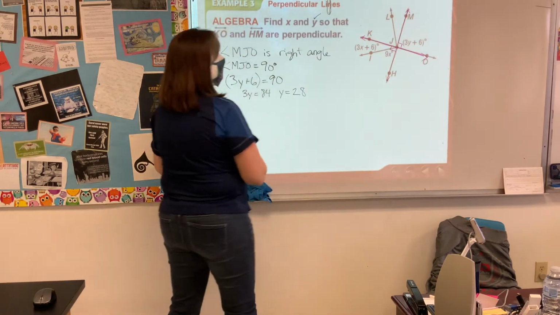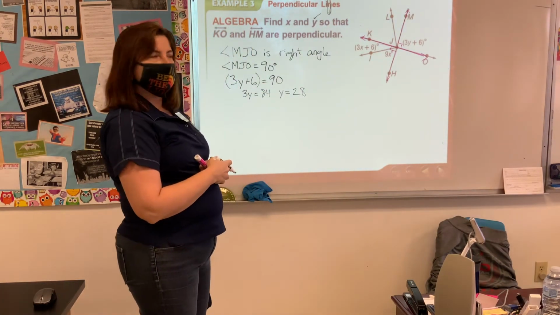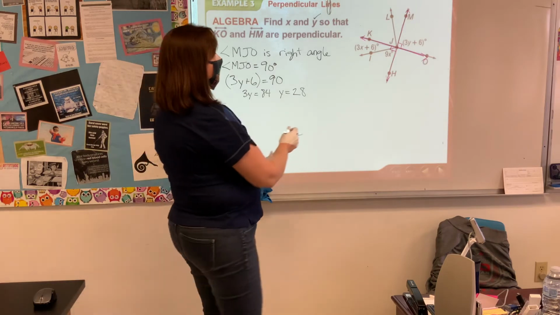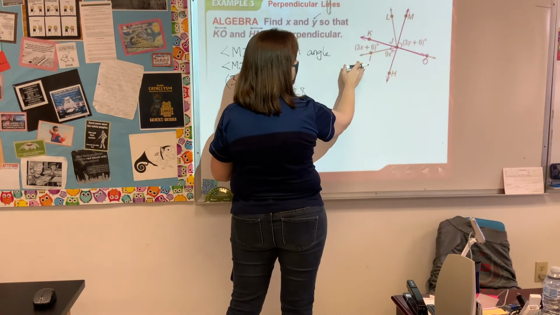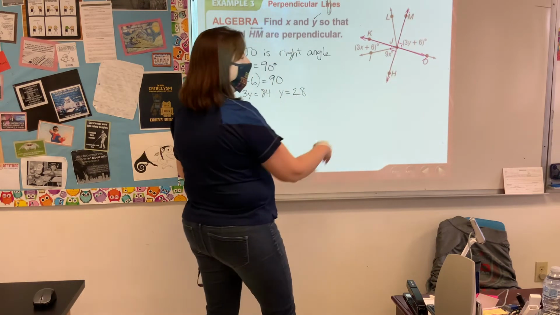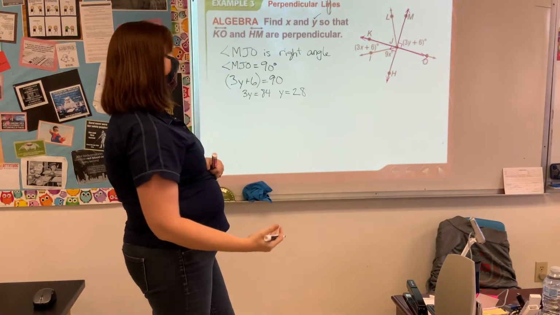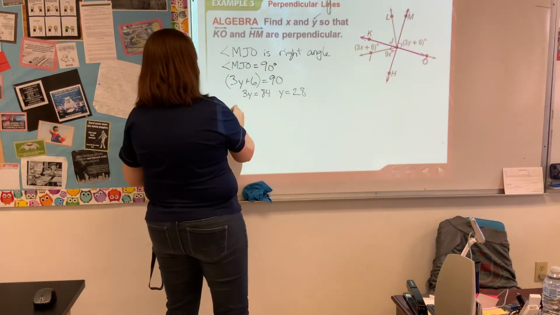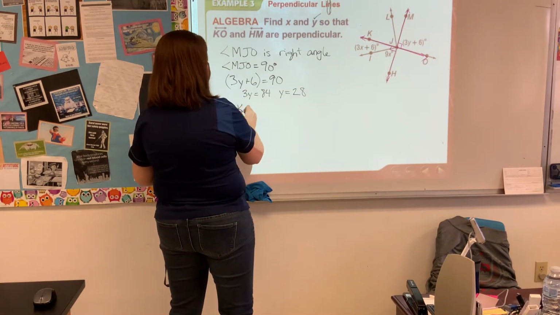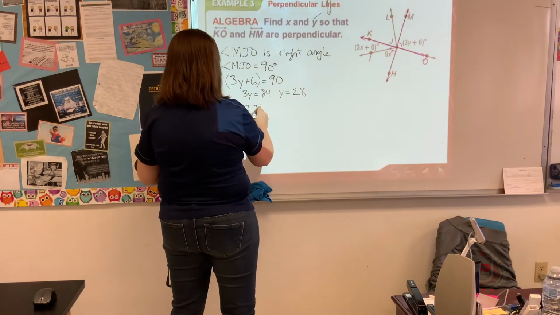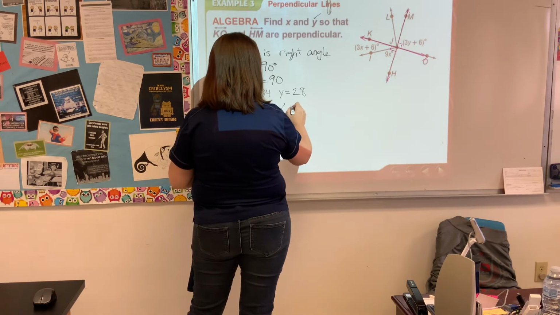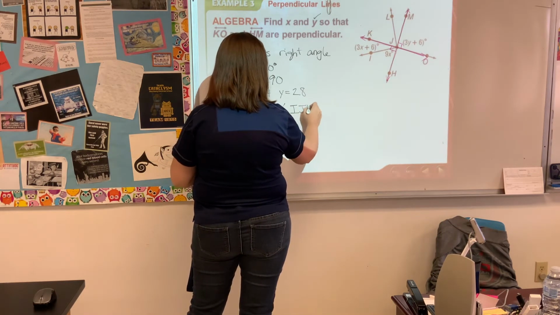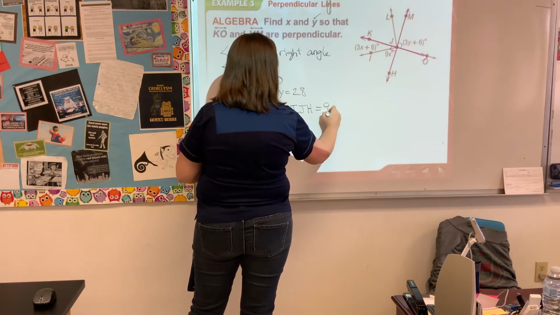We've got that. How do we find x? Well, both of these angles, KJI and IJH, together are supposed to make 90 degrees as well. So KJI plus angle IJH are also equal to 90.